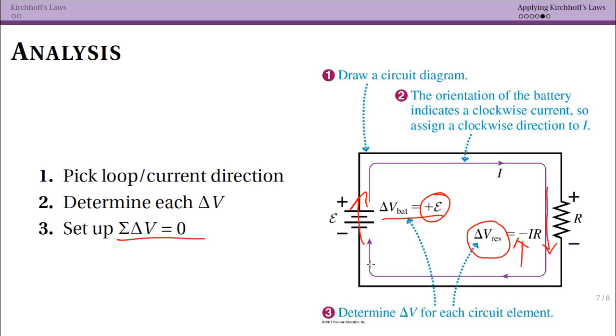So when we then set up that the sum of delta V equals 0, what we simply have is that V battery is plus E, and then we have minus IR equals 0. What this perhaps unsurprisingly tells us is that the EMF of our battery divided by the resistance gives us the current.